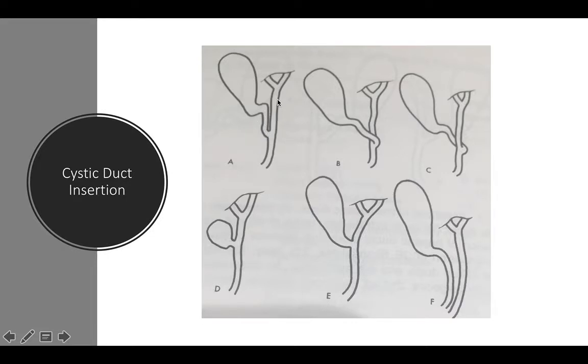The cystic duct runs parallel to the main duct system, such as A and, for that matter, F. There is another subgroup where the cystic duct actually opens on the other side of the main duct system in a spiral fashion, either anteriorly, as in B, or posteriorly, as in C. And lastly, the variation D and E, where you have a very short cystic duct.